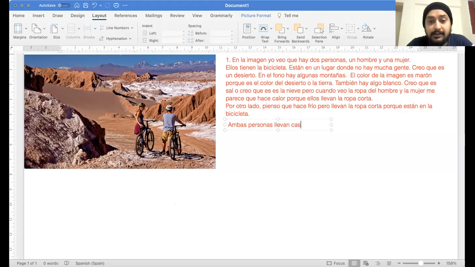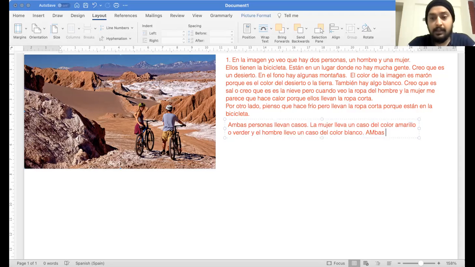personas llevan cascos. La mujer lleva un casco, casco means helmet, del color amarillo o verde, y el hombre lleva un casco color blanco. So what do you think? Are they young? Are they old? Ambas personas, both the persons, parecen jóvenes.